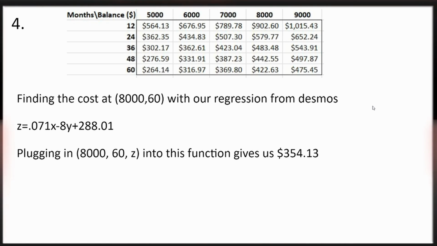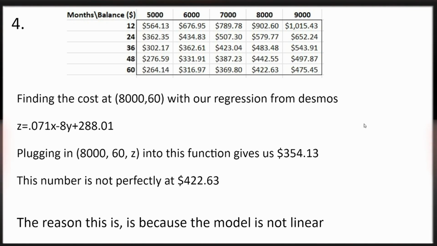So when we plug in those numbers, $8,000 balance over 60 months, we are given $354.13. So that, compared to that 422.63, is closer, but it is also more evidence that this table is not a linear function based table.